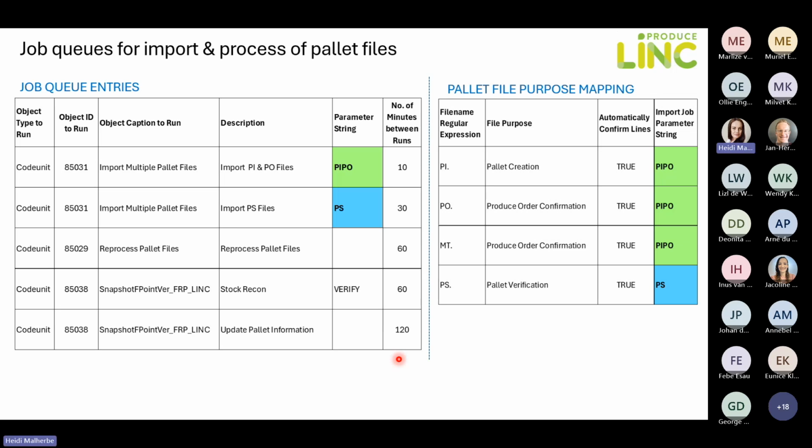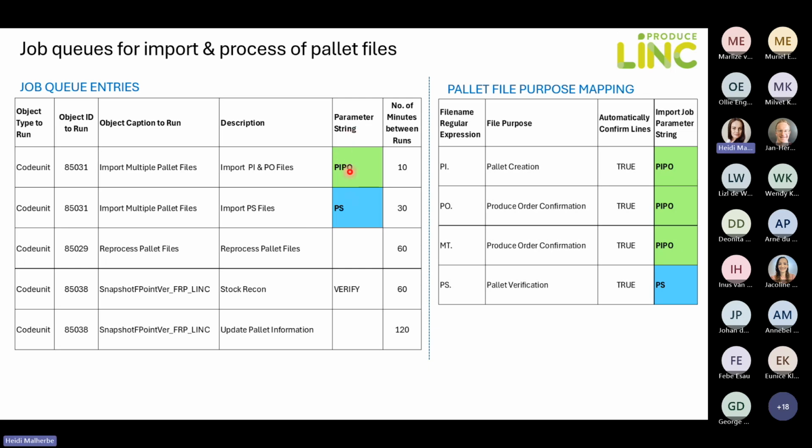Yeah. The more important part we want to talk about is these 5 job queue entries and how they interact with your pallet file purpose mapping. Starting at the top, you'll see there's a code unit called 85031, import multiple pallet files. And in this example, we set it up twice.